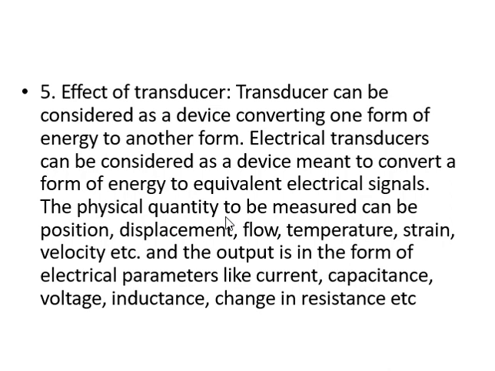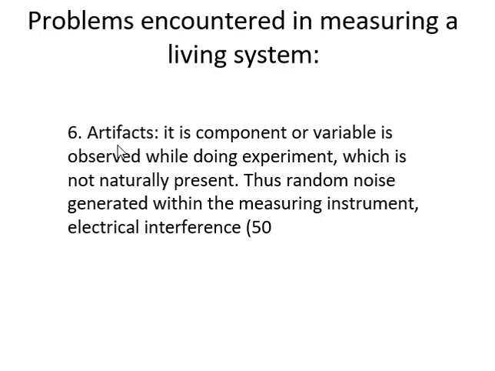The physical quantity to be measured can be position, displacement, flow, pressure, strain, velocity, etc. And the output is in the form of an electrical parameter like current, capacitance, voltage, inductance, and change in resistance, etc. And the sixth problem is artifacts. These are components that are variable and observed while doing an experiment, which are not naturally present. Thus, random noise generated within the measuring instrument, and electrical interference.